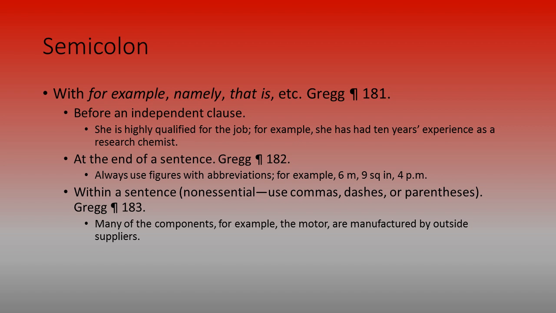And within a sentence, when it's non-essential, use commas, dashes, or parentheses. Let's see. Many of the components, for example, the motor, are manufactured by outside suppliers. Treat it as non-essential and set it off with commas.